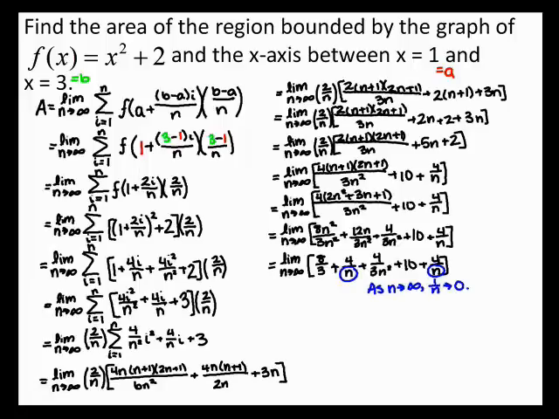You know that as n goes to infinity, 1 divided by n goes to 0. And as n goes to infinity, 1 divided by n squared goes to 0. Substitute 0 in for 1 divided by n and 1 divided by n squared. Simplify 8/3 plus 10. The area of the region bounded by the graph is 38/3 units squared.